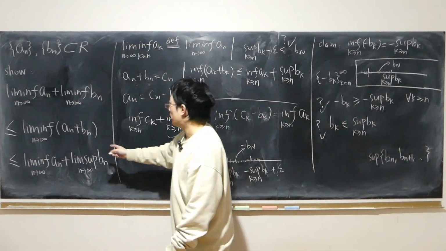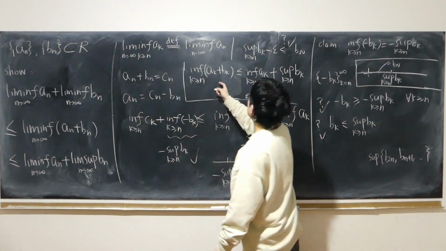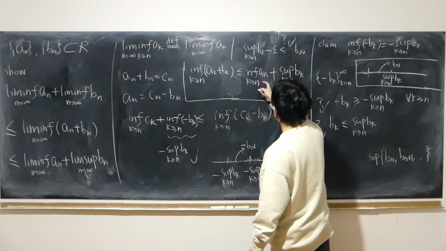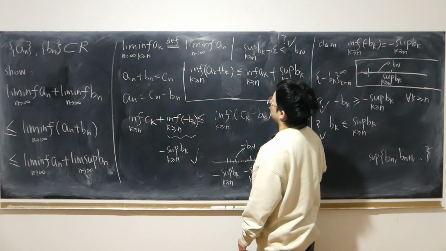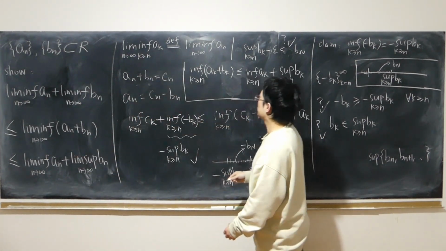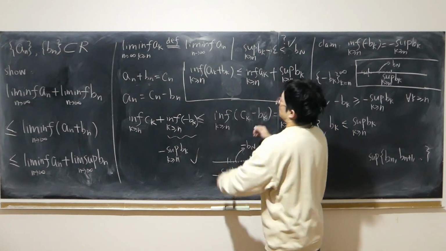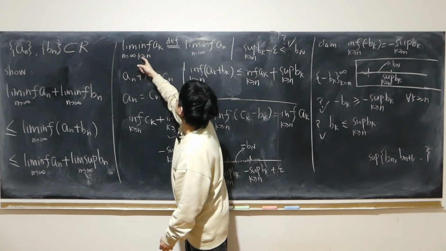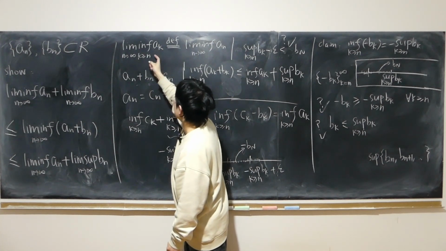So infimum Ak plus Bk is less than or equal to infimum Ak plus supremum Bk. Right? So I take the limit on both sides. Right, on both sides. Then this is true by definition. Right? First take infimum, then take the limit.